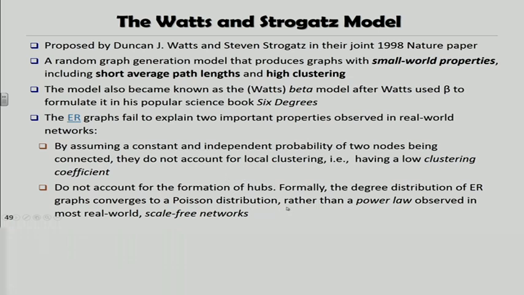And another thing is, you would think this is a power law distribution in the real world, but actually Watts proposed one that can generate small world, but it cannot generate a scale-free graph. Okay. But because of this, I'm not going to introduce this one in any detail.